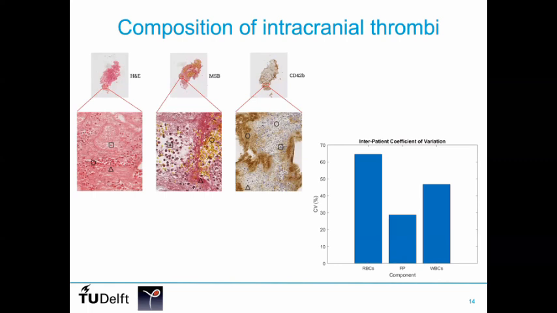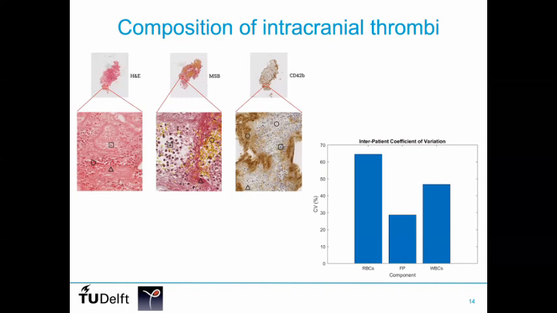If we look at the red blood cell content within a thrombus coming from a single patient, going from proximal to distal or from the midsection, it can vary 60%. Many of the models that we use and many of the assumptions that we adhere to when we design experiments all tell us, well, a thrombus has 60% red blood cells. No, it doesn't. There's a huge variation even within the thrombi.